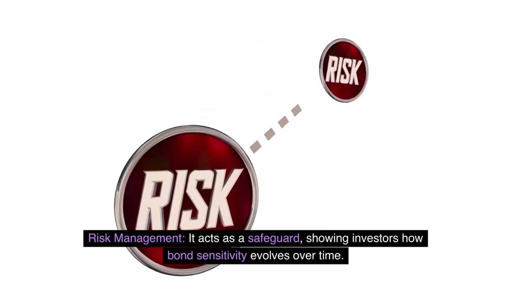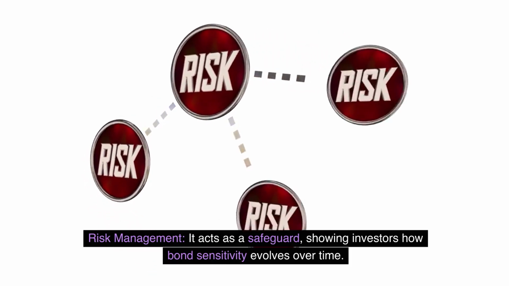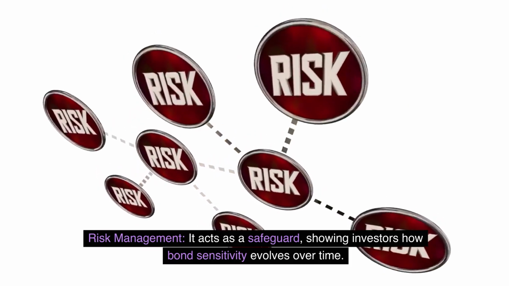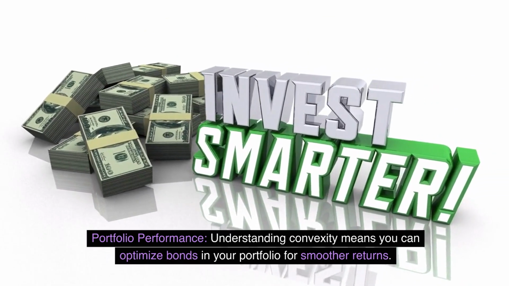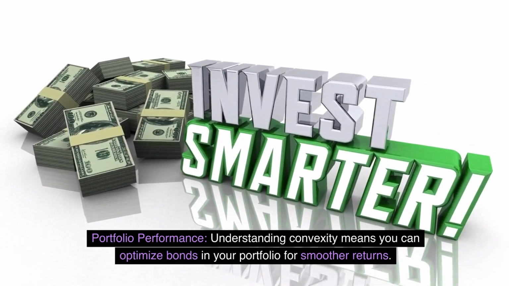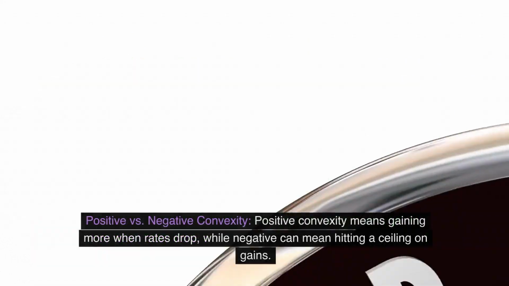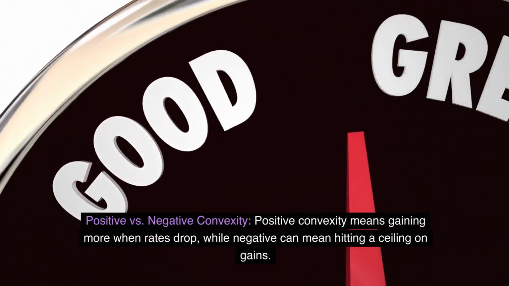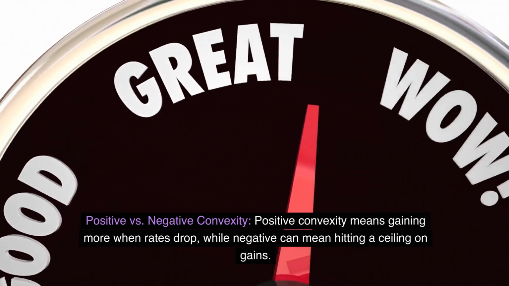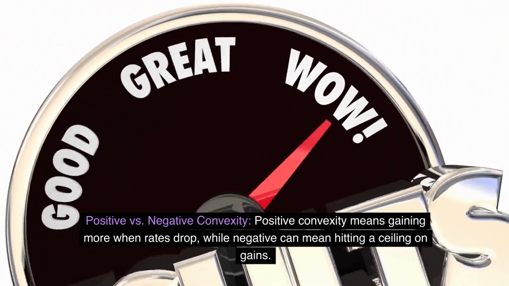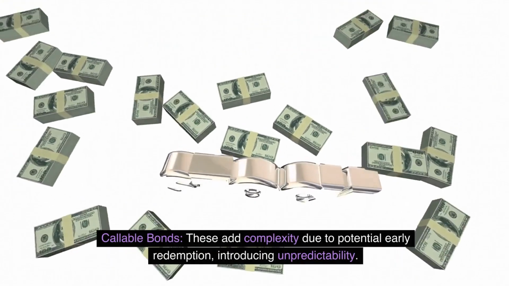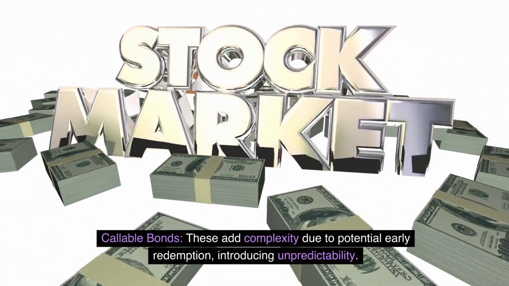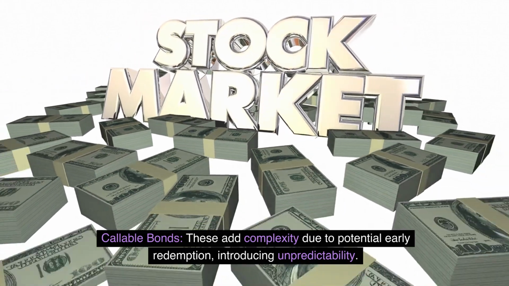It acts as a safeguard, showing investors how bond sensitivity evolves over time. Portfolio performance. Understanding convexity means you can optimize bonds in your portfolio for smoother returns. Positive versus negative convexity. Positive convexity means gaining more when rates drop, while negative can mean hitting a ceiling on gains. Callable bonds. These add complexity due to potential early redemption, introducing unpredictability.